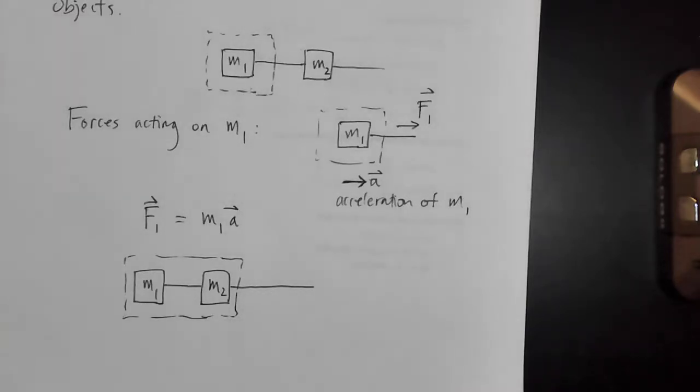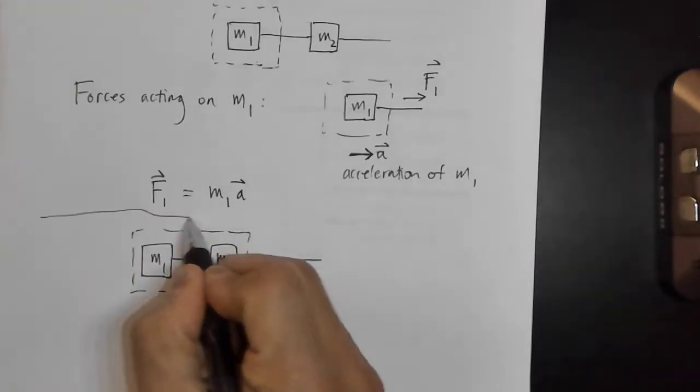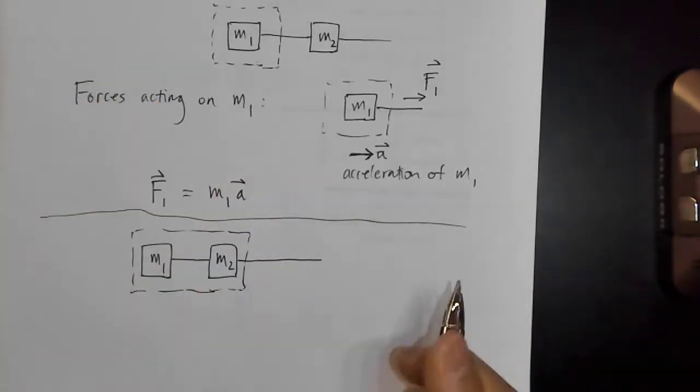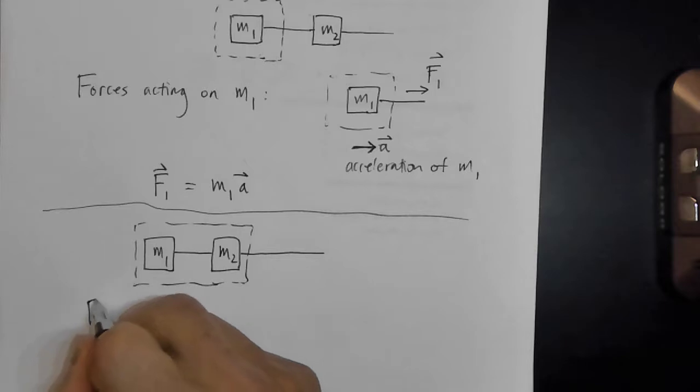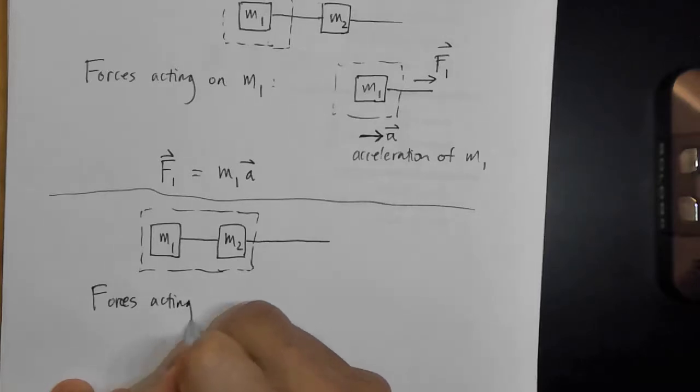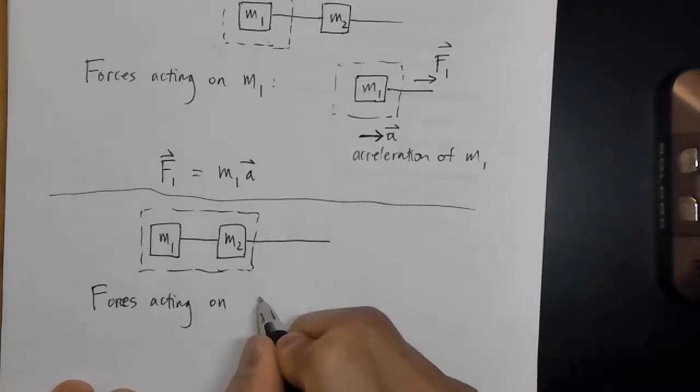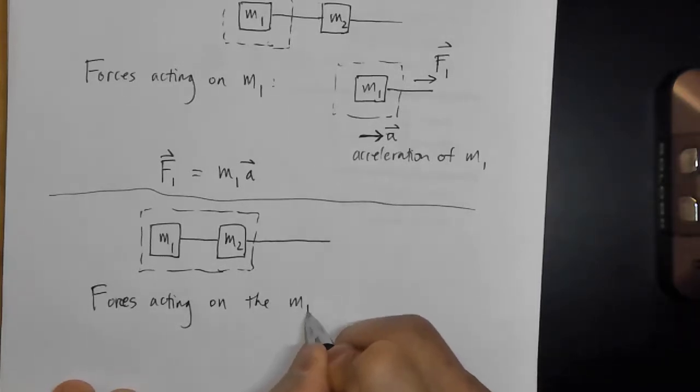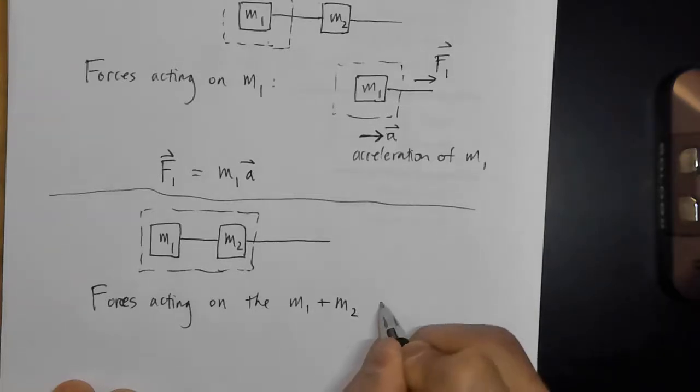You can use Newton's second law this way as well. Let me separate these out so you don't get these two things confused. So we can consider what are the forces acting on the M1 plus M2 system.